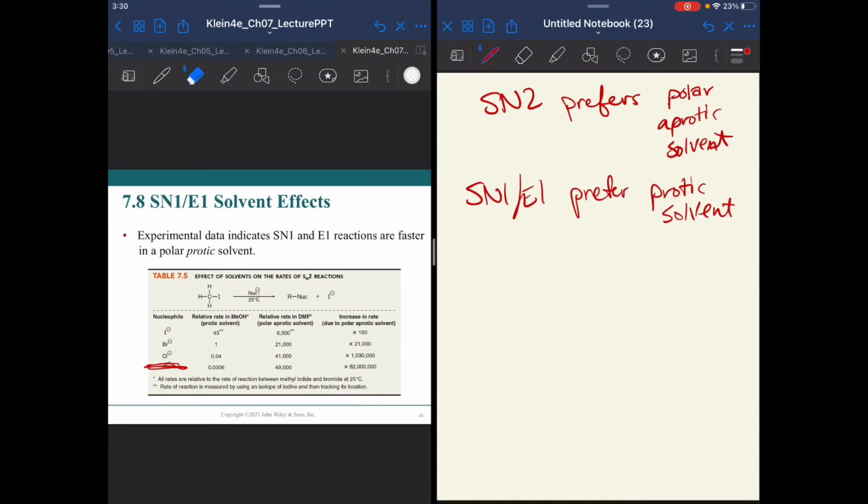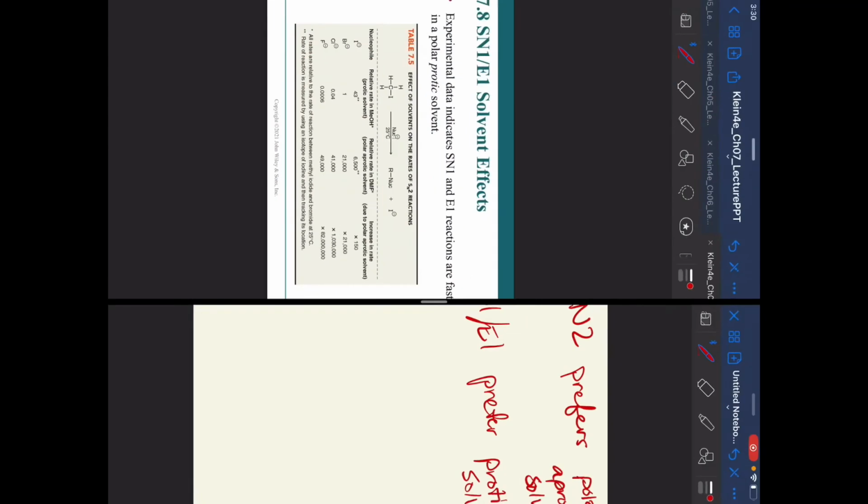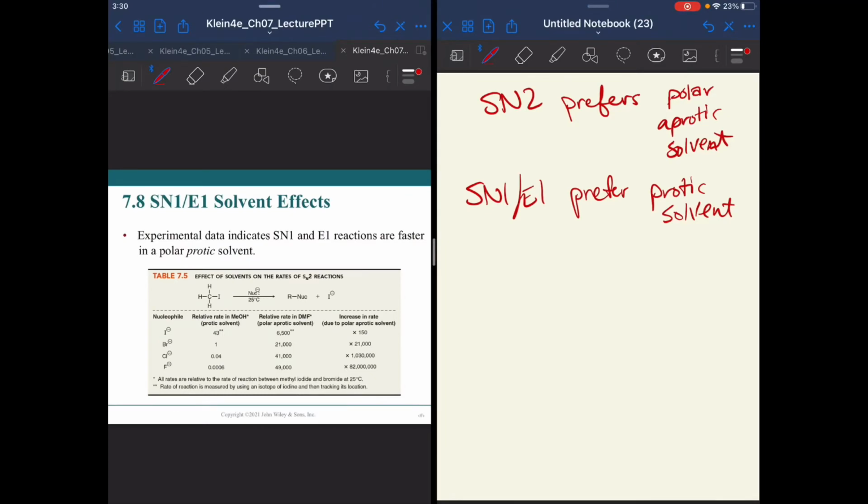So I want you to note from this chart, first of all, fluorine is not a great leaving group. So the relative rate of reaction in methanol or DMF, we're not going to worry about DMF, but in methanol is negligible. So I want you to forget about fluoride at the moment.